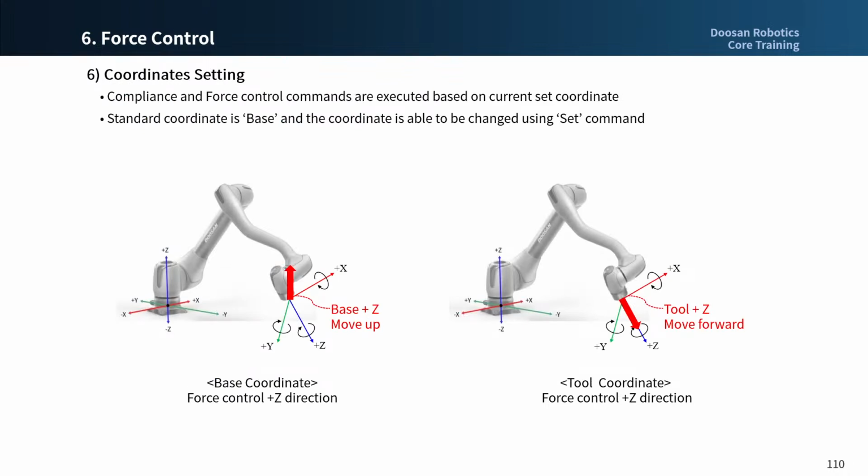In coordinate setting, since the coordinates are set base z plus, the robot moves toward from the base direction. So to move it toward from the tool direction, use the set command to change the coordinates.